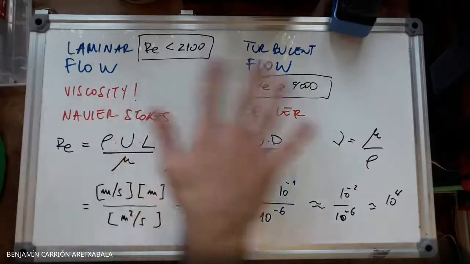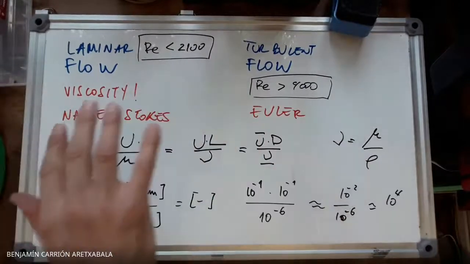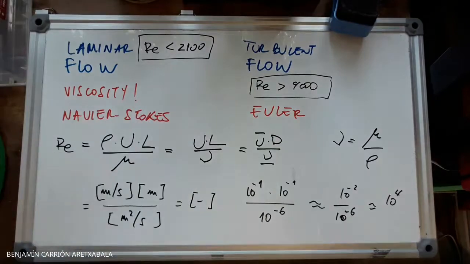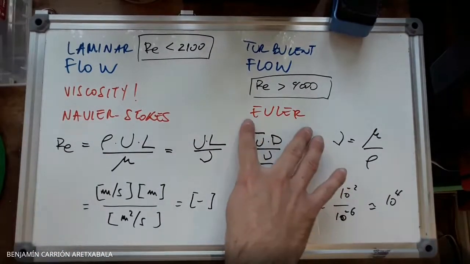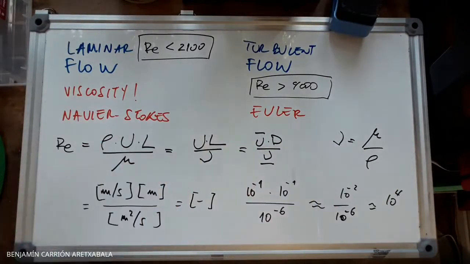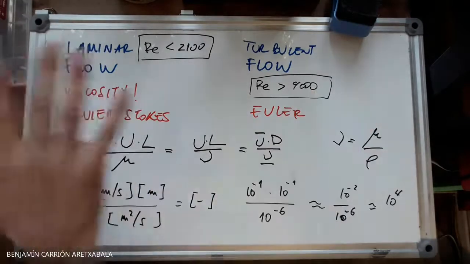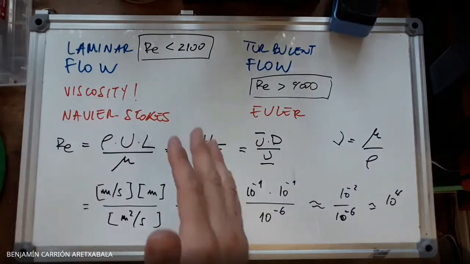This is not a very precise threshold. In between those two, you have a transition flow where you have mostly laminar flow, but then random fluctuations. Or you can have almost turbulent flow, but then it gets more orderly. So the Reynolds number is an indication of which kind of flow we're having.